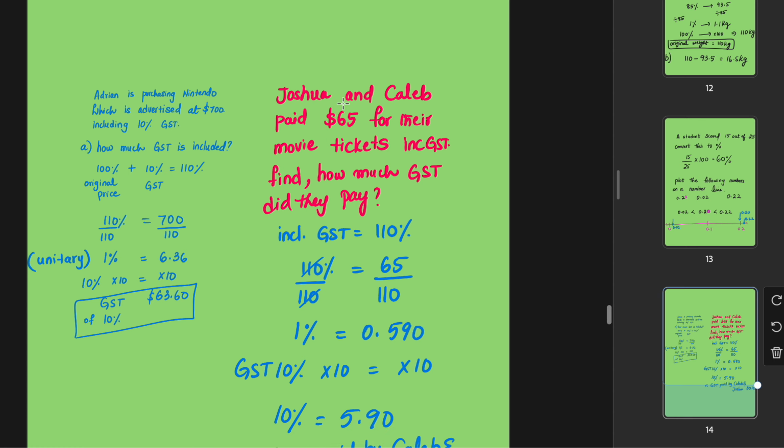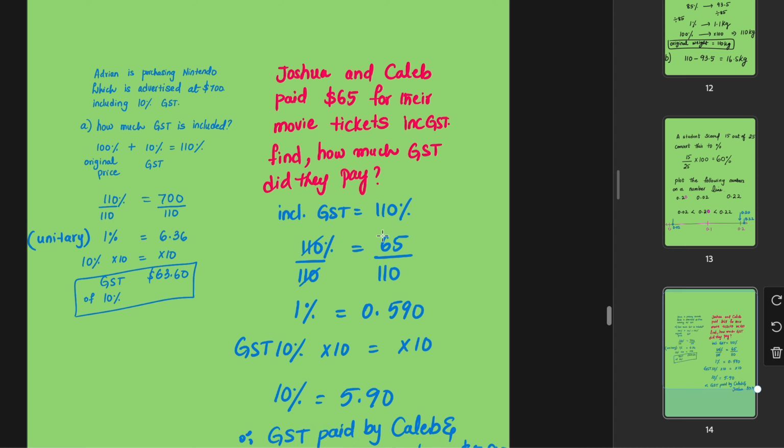Caleb, Joshua, the two famous characters in the Bible who conquered the promised land. I really like that name. So I'm using Joshua and Caleb paid $65 for their movie tickets, including GST. Again, when they say including GST, you're looking at the 100% plus 10%, making it 110%. So 110% is equal to $65.